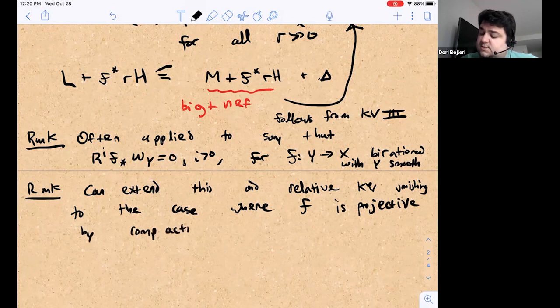And just carefully, so compactifying, resolving, and carefully keeping track of what's happening at the boundary.